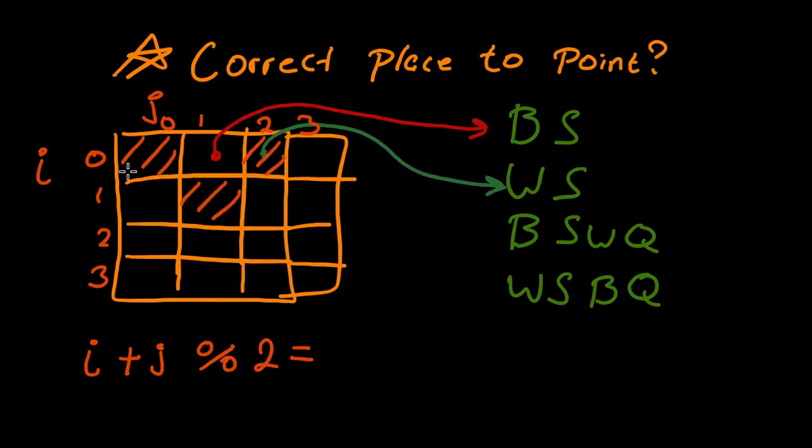So again, for example, I could say I plus j if it's even, I can point to a black space. I plus j if it's odd, I can point to a white space. This is getting a little confusing with the colors. So yeah, I plus j if it's even, point to a white space. I plus j if it's odd, point to a black space.